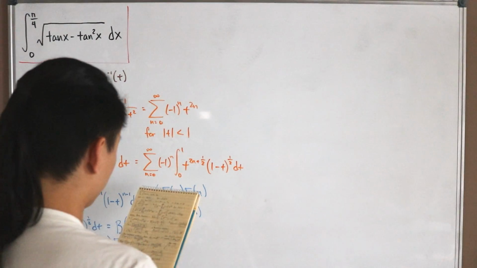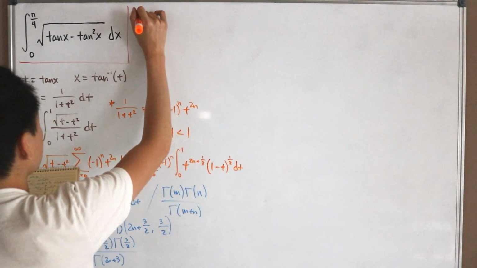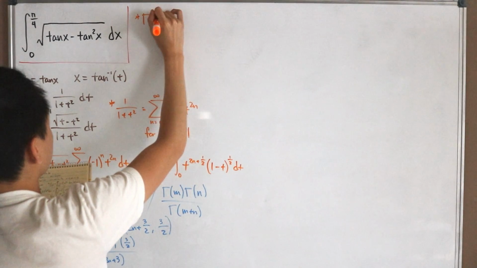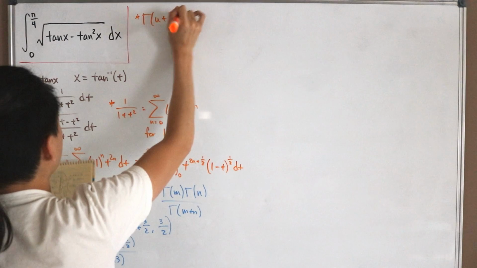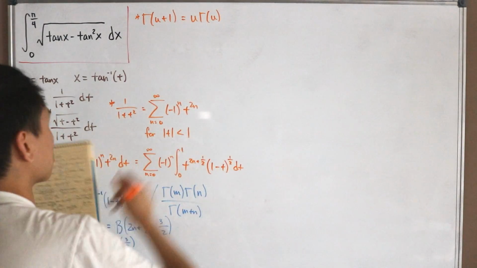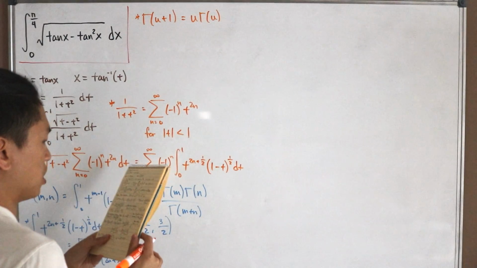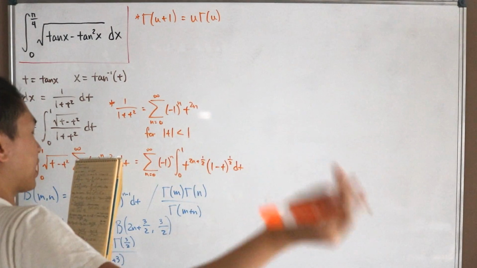Let's first start by using a recurrence relation. We have that gamma of u plus 1 is going to equal, of course, u times gamma of u. And it's also well known that gamma of 1/2 is equal to the square root of pi. We know that calculation.